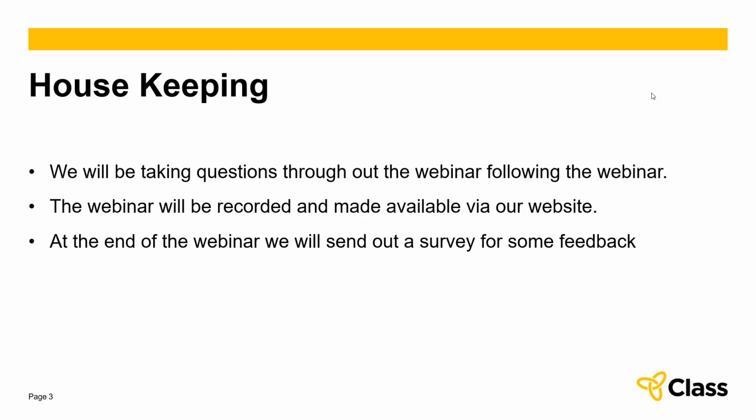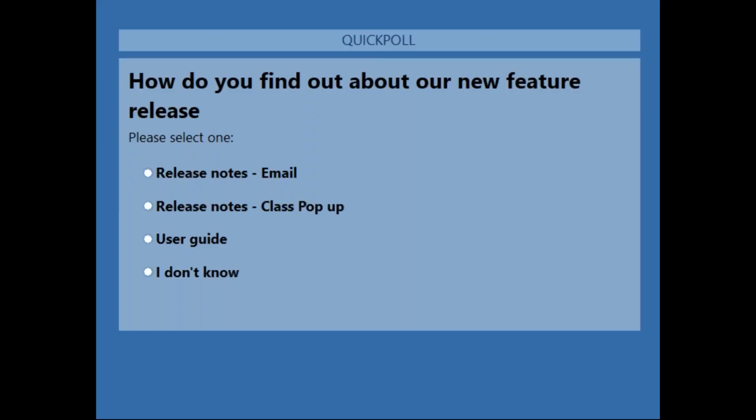Before I start, the product management team is always keen to get feedback. One question we want to know from all the attendees is how do you find information about our new Class features? Some of the options are release notes emails, the release notes Class pop-up, which is the pop-up you get when you first access the application after a release to show you what's new, or the Class user guide.